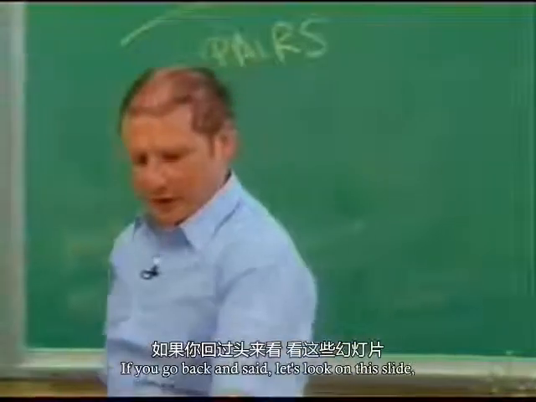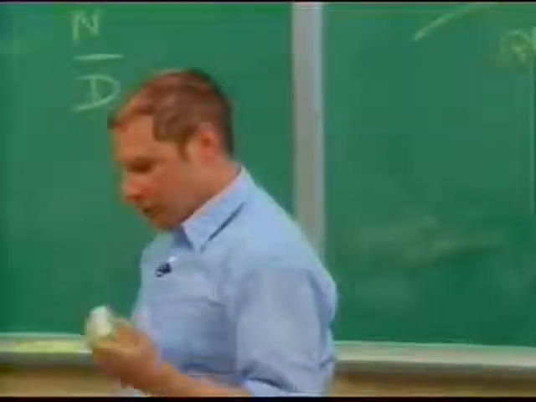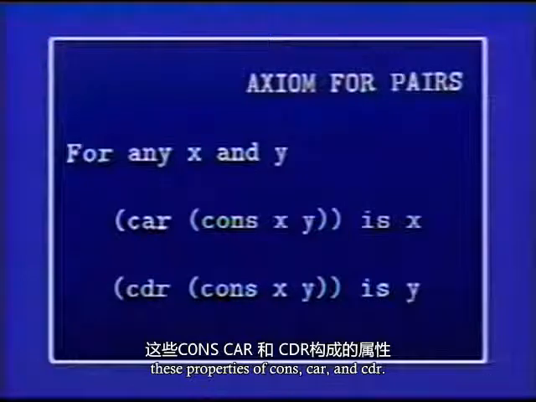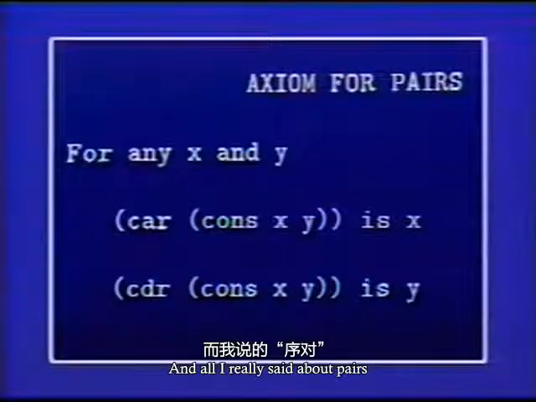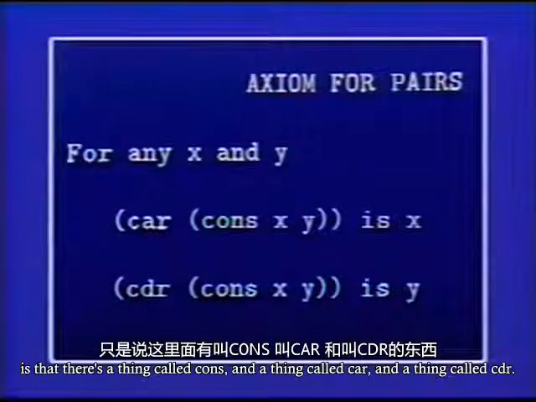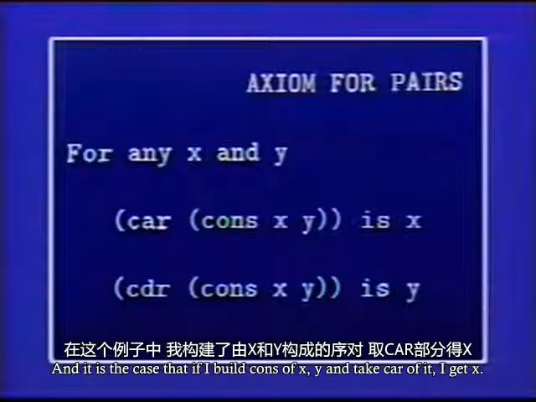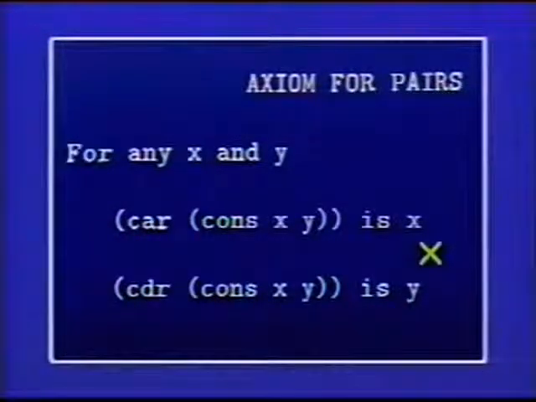If you go back and look at this slide, all I really told you about pairs is that there happens to be these properties of cons, car, and cdr. All I really said about pairs is that there's a thing called cons, and a thing called car, and a thing called cdr. And it is the case that if I build cons of x y and take car of it, I get x.